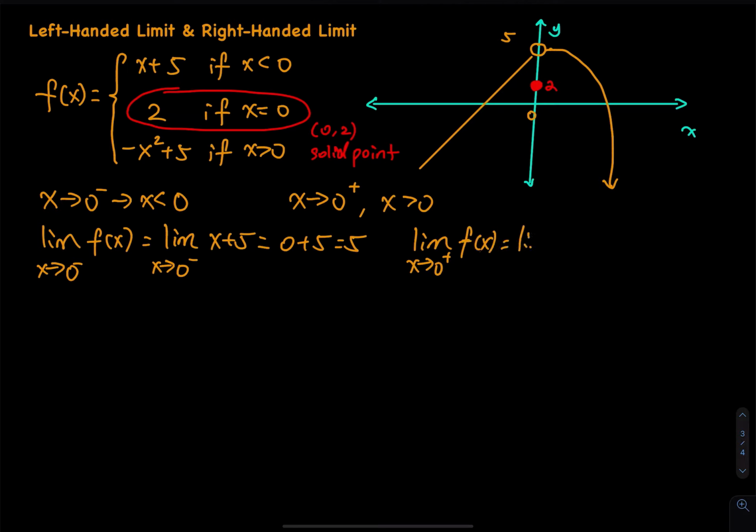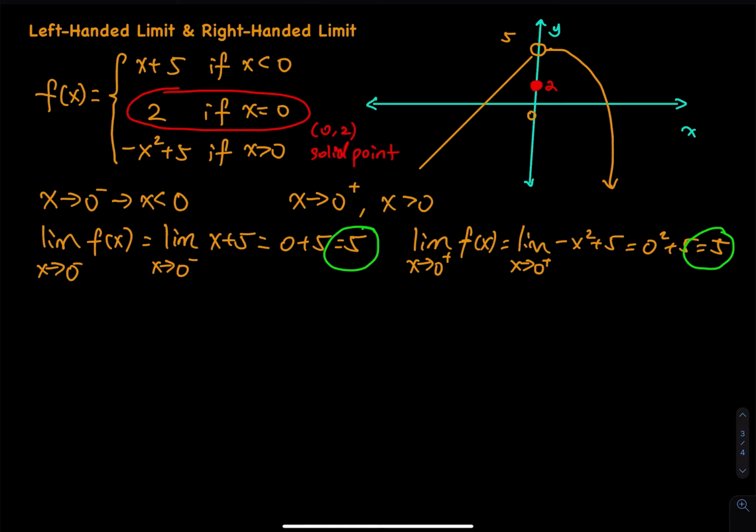On the right hand side, we have a parabola. So this time we use the quadratic function, and you plug in 0, you have 0 squared plus pi, that is equal to pi.